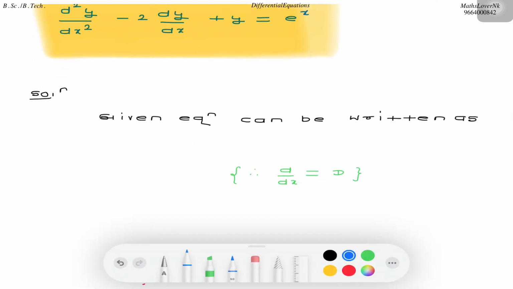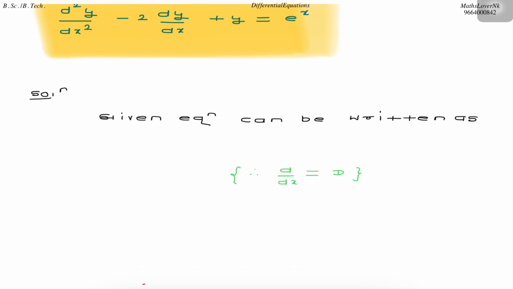Take y out as a common, then we get (d square minus 2d plus 1) into y is equal to e the power x.